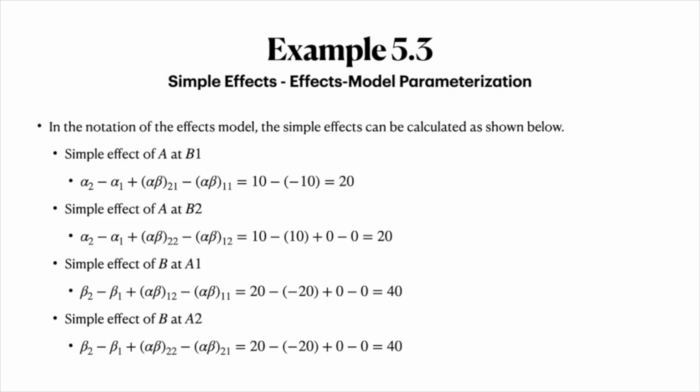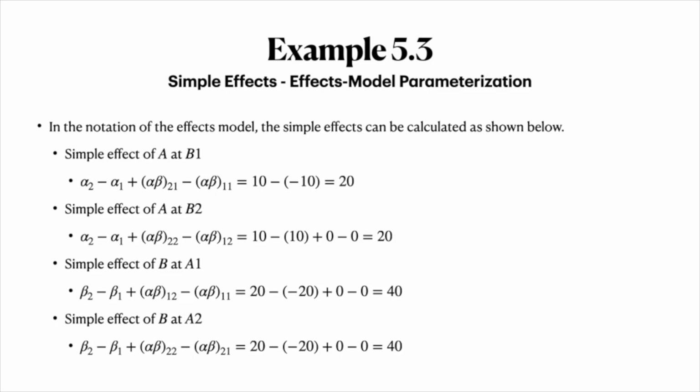This turns out to be 10 minus a negative 10 plus 0 minus 0. I see I've got a little typo there. Remember, all those alpha betas are 0 in this particular example. And so that turns out to be 20. So the simple effect of A at the first level of B using this formula is 20.